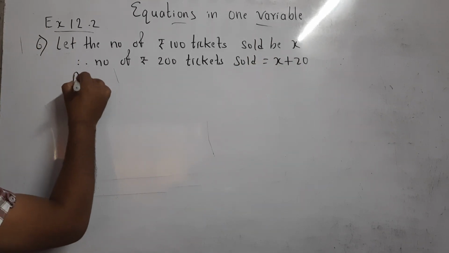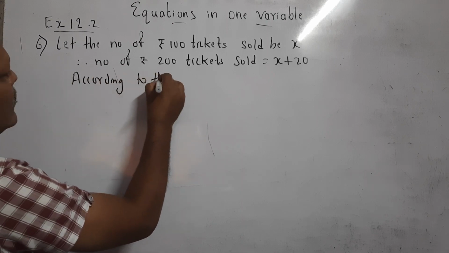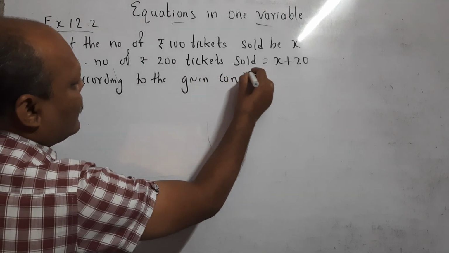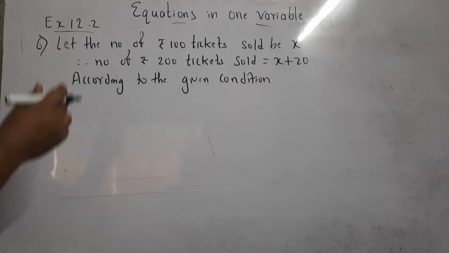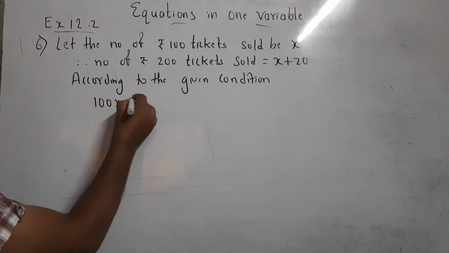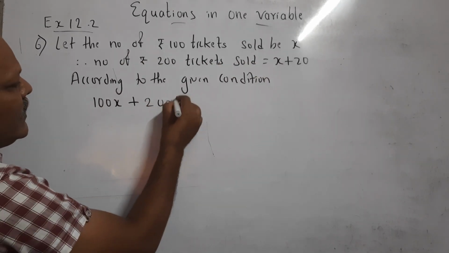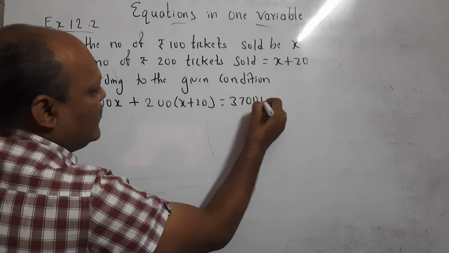Now according to the given condition, what is the condition given here? 100 rupee tickets sold, that is 100 as x, and for the 200 rupee tickets you have to multiply 200 by x plus 20, and the total amount is 37,000.